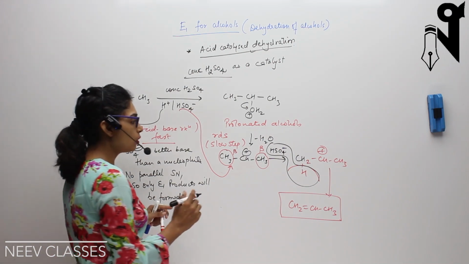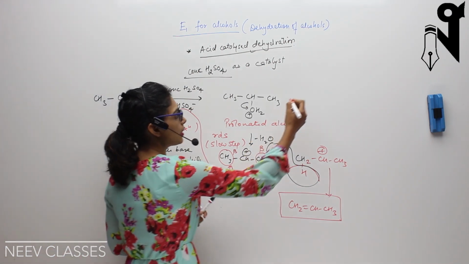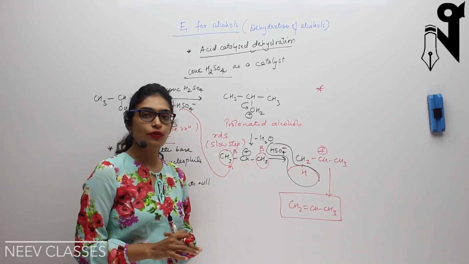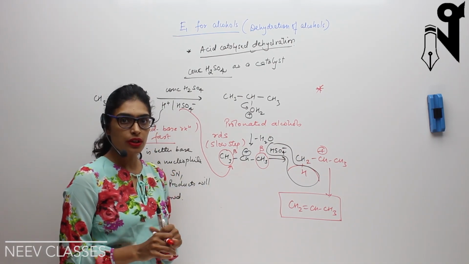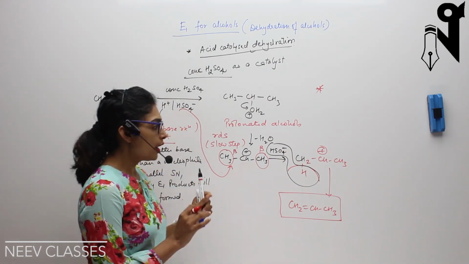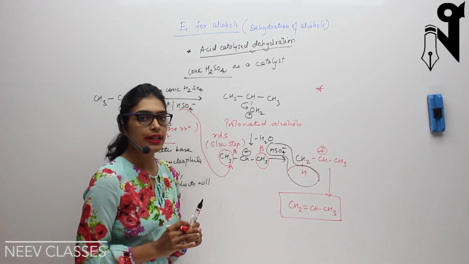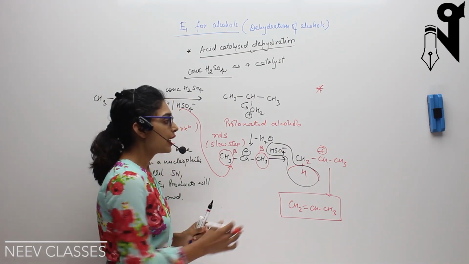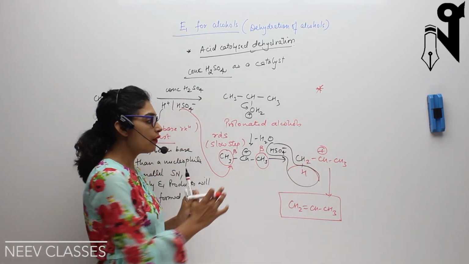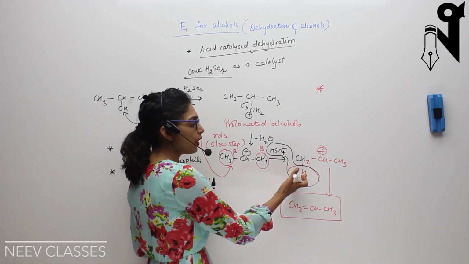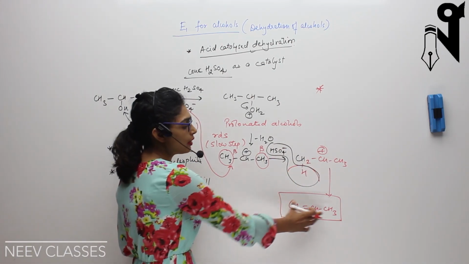Apart from that, what all do we have to note in this kind of reaction? First of all, because this is an E1 reaction, we have already discussed that E1 reactions follow Saytzeff rule. Here also, the reaction will follow Saytzeff rule for forming the major product. In this specific case, we have the same carbons on both sides, the molecule is symmetric, hence it really doesn't matter from where we are removing hydrogen, we will get the same product.